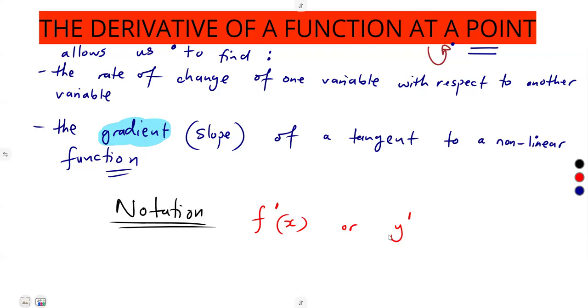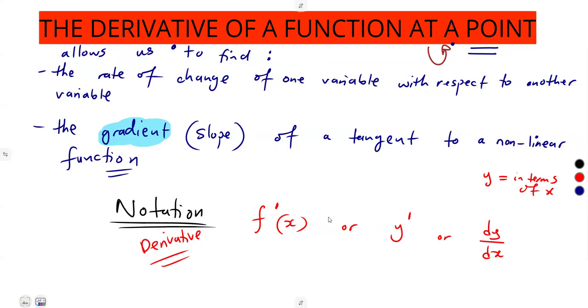Or y bar like this. It is also the first derivative. You are given y is equal to, you can simply use y bar for a derivative of that function. Or you can use dy dx, y written in terms of x, when y is in terms of x.